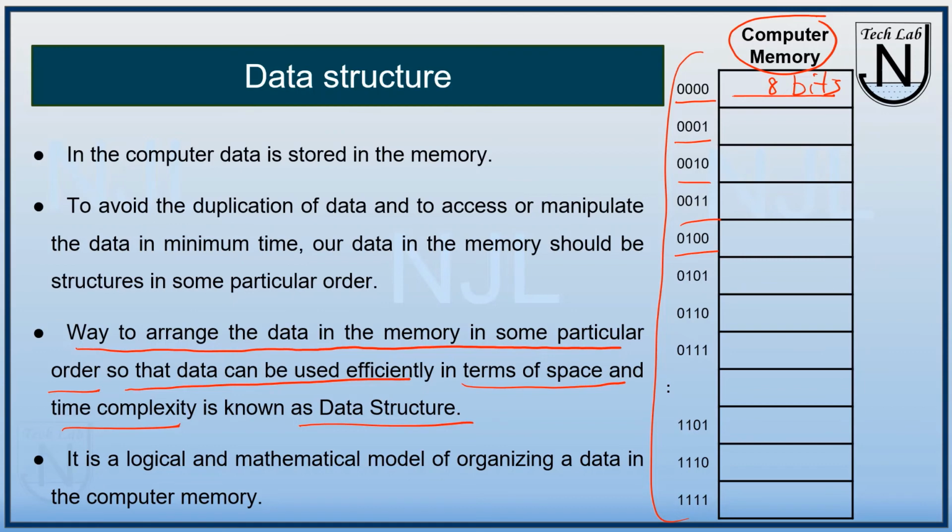Like suppose we have a student's mark sheet, and sometimes I may need to arrange the data as per the enrollment number. Sometimes I may need to arrange the data as per alphabetical order.